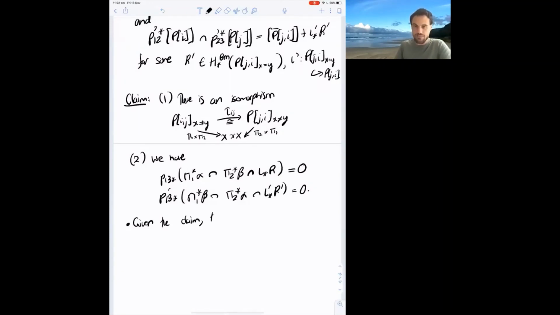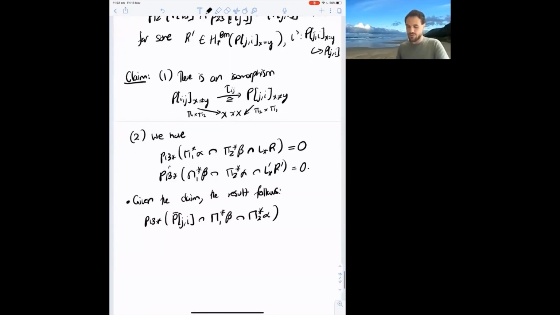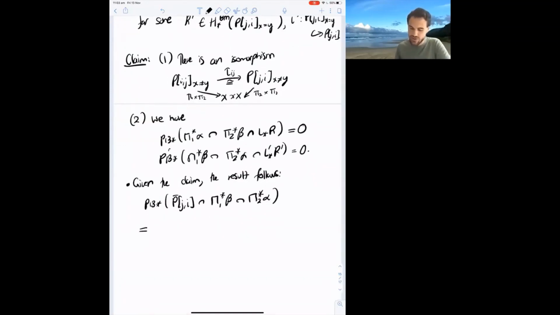So given the claim, the result follows. So first of all, you look at something like P13, and this is all you have to look at because of claim 2. You look at this cap pi1 star beta cap pi2 star alpha. So this is exactly what we're interested in because of claim 2. Then claim 1 tells you how to swap these things, or rather that you can swap these things. Yeah, probably I need a prime here.